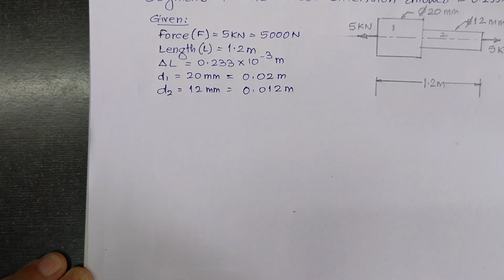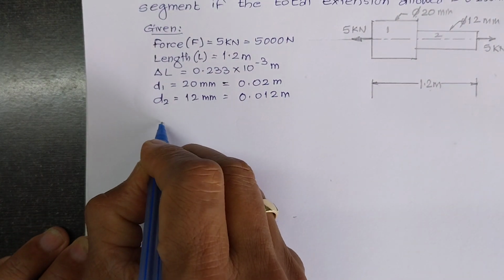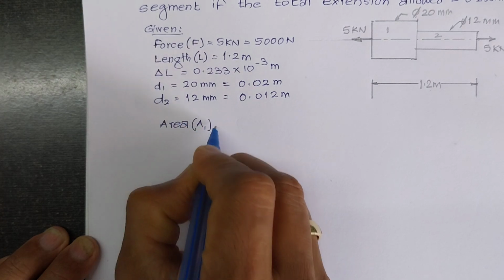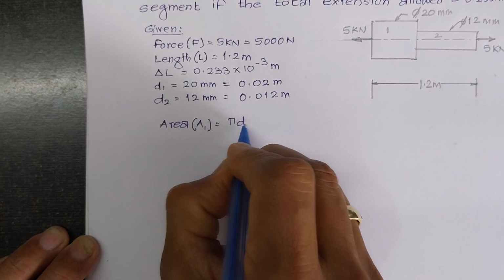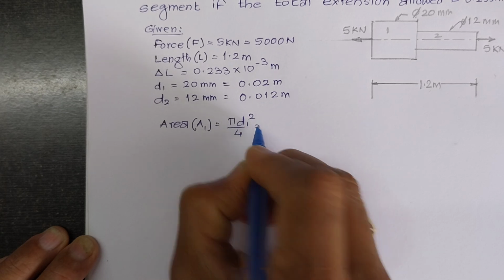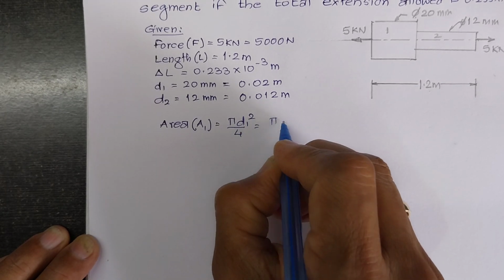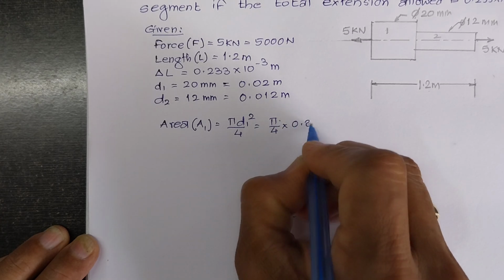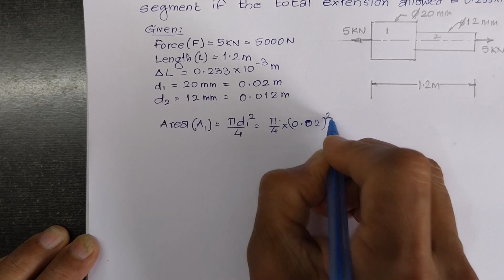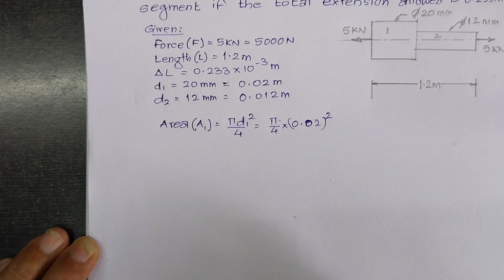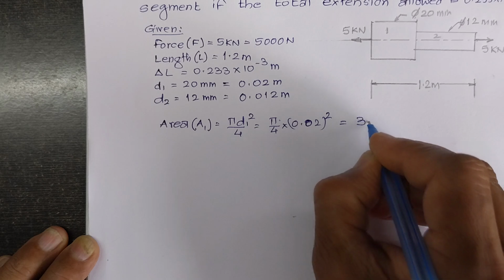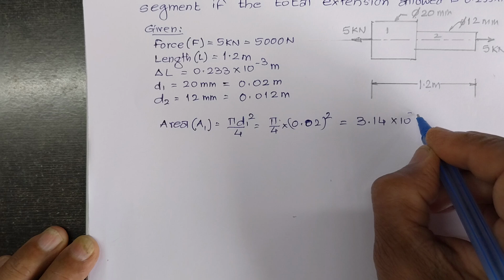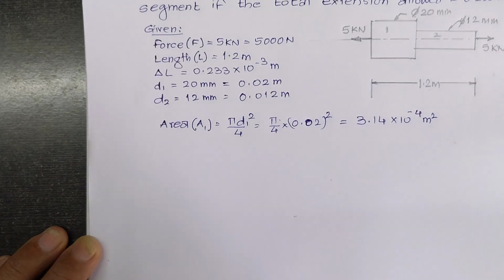So for segment 1, let's call the area here A1, is pi d1 square by 4. When you substitute values, we have pi by 4 multiplied by 0.02 squared, and that gives us a value of 3.14 into 10 raised to minus 4 meters square.